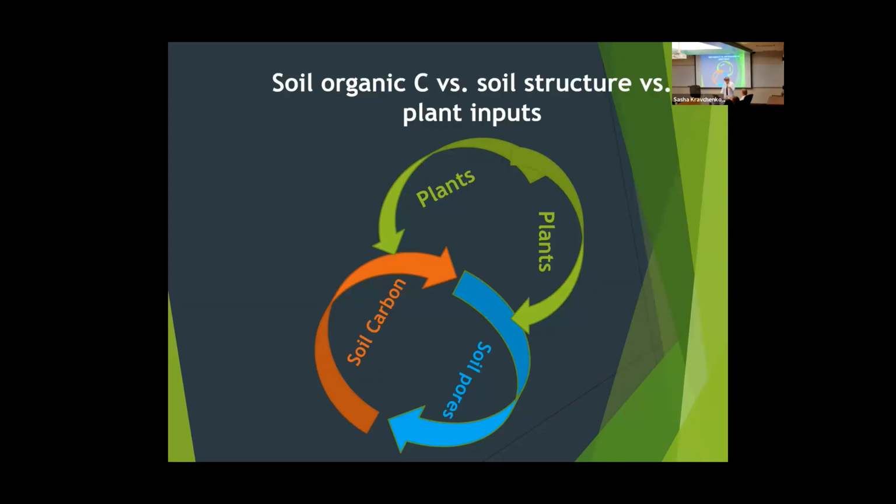So with that in mind, what drove this study is the role of plant community composition or plant diversity, diversity of plant communities, in terms of their effects on soil carbon and soil structure and their interaction.